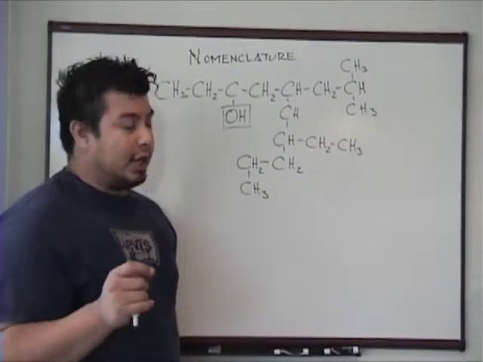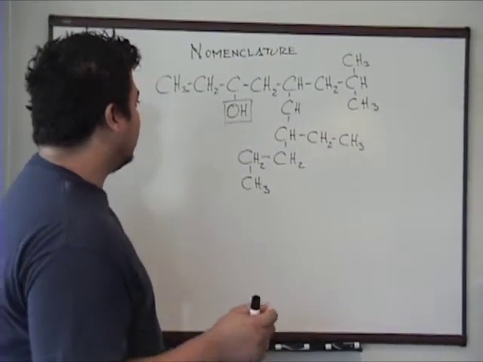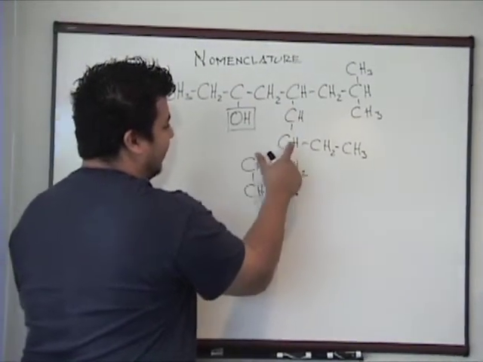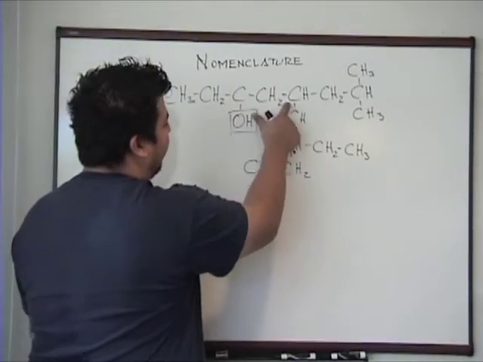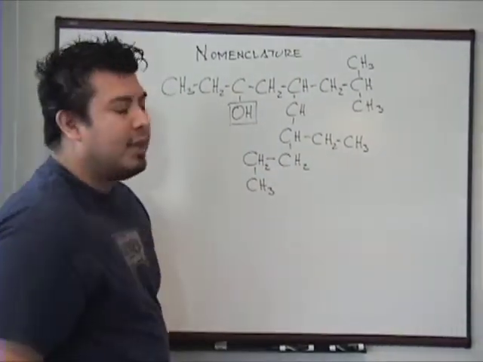We said the first step was going to be box the longest chain of carbons. So we have 1, 2, 3, 4, 5, 6, 7, 8, 9, or 1, 2, 3, 4, 5, 6, 7, 8, 9, 10. So I like this one.